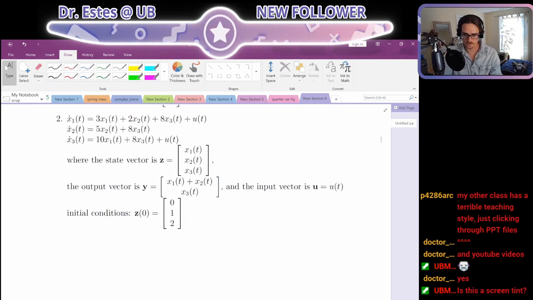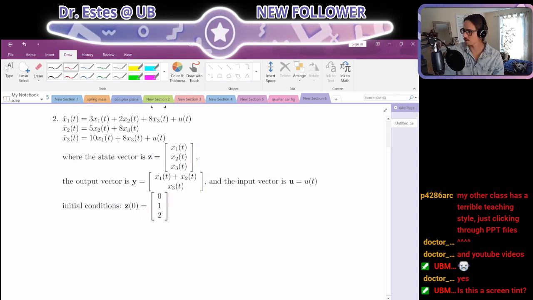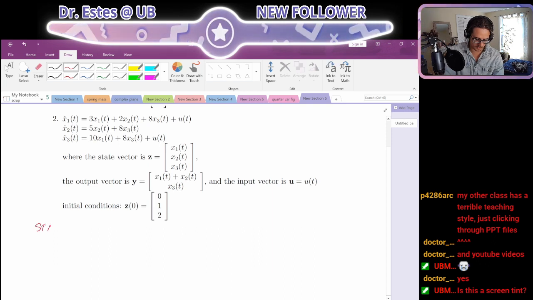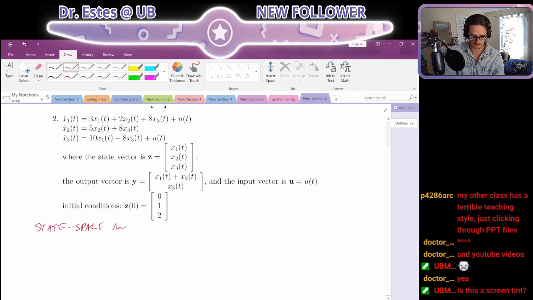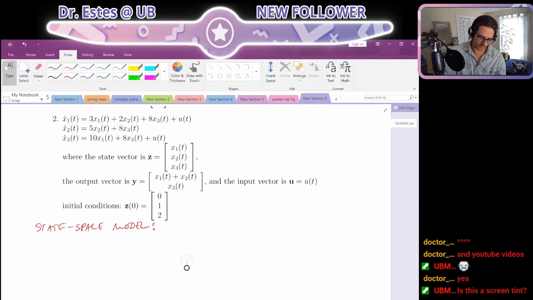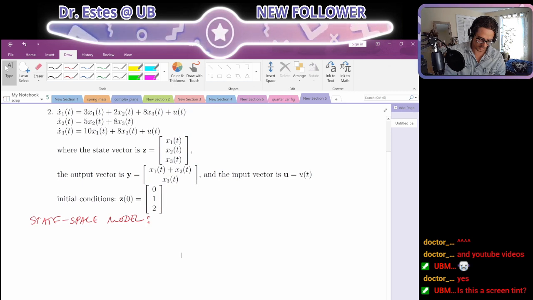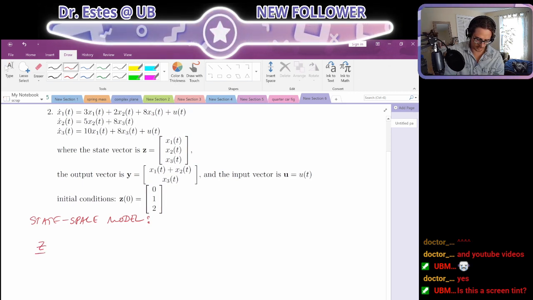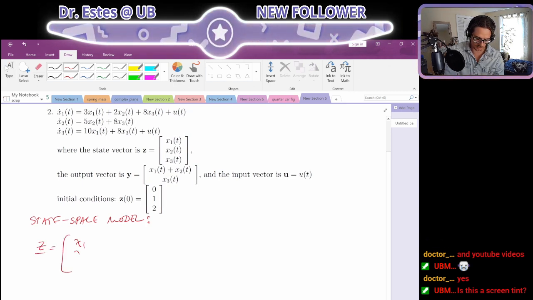Okay. So the first part is to get our state space model. We have our states, x1, x2, x3.